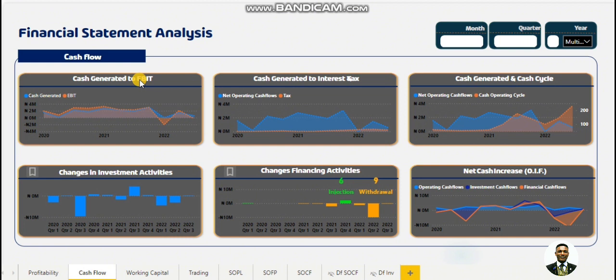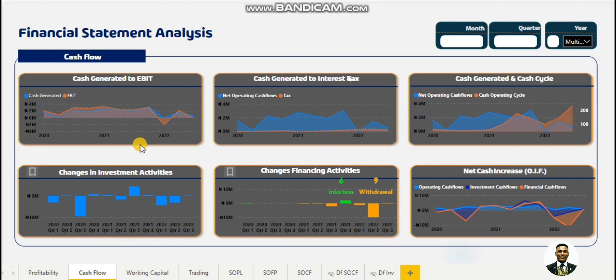The ideal situation is that cash generated should either be equal to or greater than earnings before interest and tax. But if earnings before interest and tax is greater than cash generated, it simply means there is something wrong somewhere and it should be checked. And this, when it builds up, is what causes the cash flow issues most of the time.